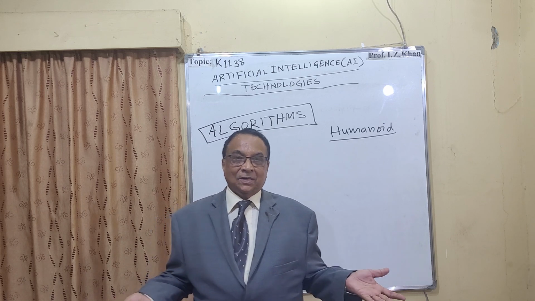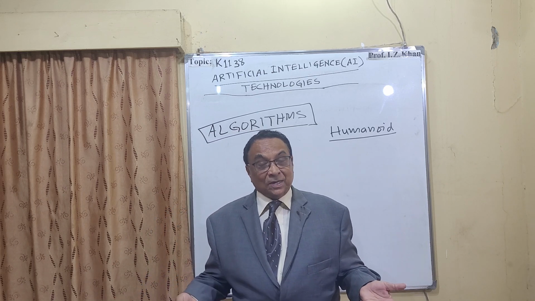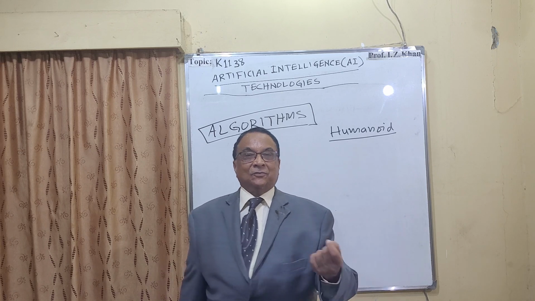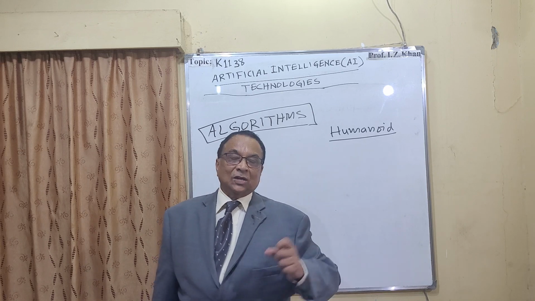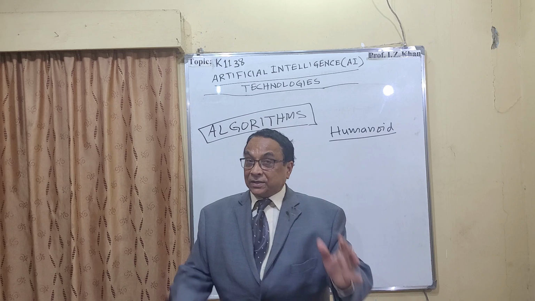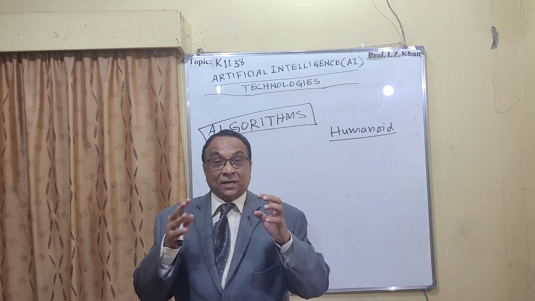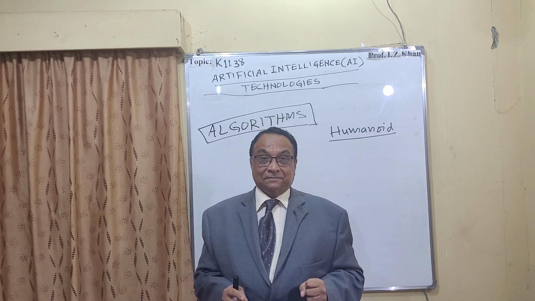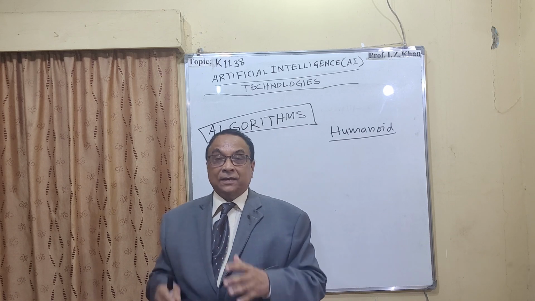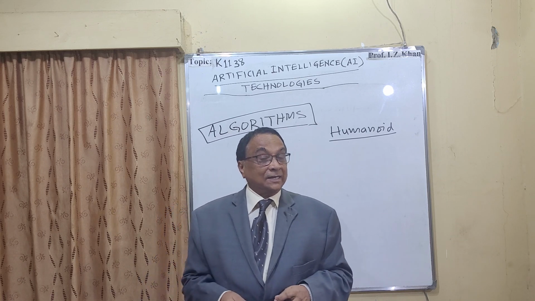And if you have sufficient money, the processing will happen and within a few seconds you will get 10,000 naira and then it will stop. So that is the important role of the algorithm in all AI technologies.